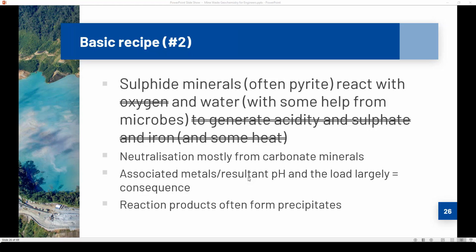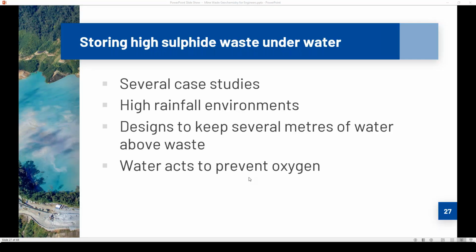I'm going to show you a few case studies here. Obviously, important when we use this particular approach is that we need to have confidence that there will be a permanent cover of water, and generally these are more suitable for higher rainfall environments.